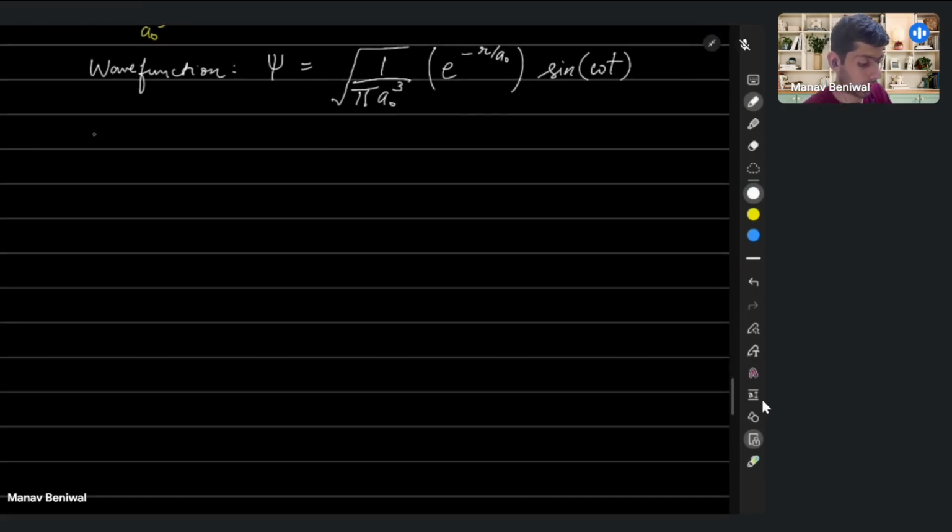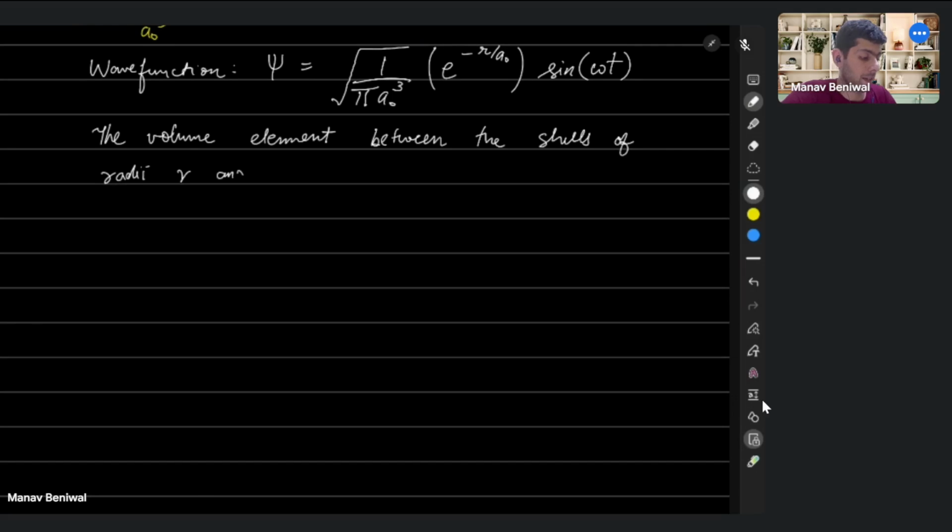Now again, let us write the volume element. The volume element between the shells of radii r and r plus dr, not dr but r plus dr, is given as dV = 4 pi r squared dr. Correct?